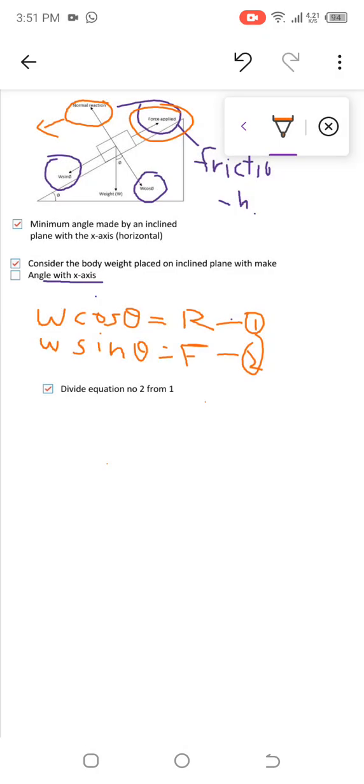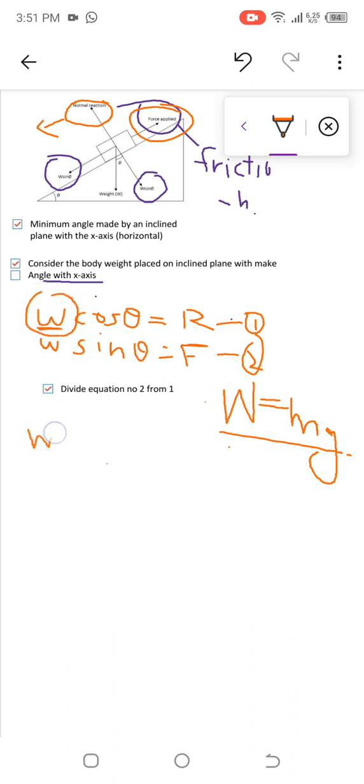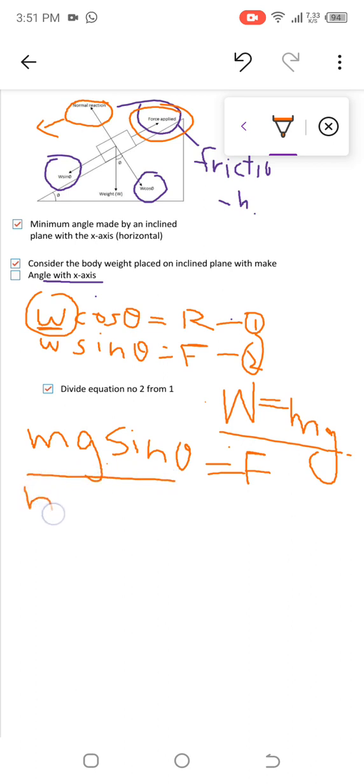Here W is equal to mg, so in place of W I can put the value mg. In the second equation we have mg sin theta, which is equal to the force, and then mg cos theta, which is equal to R, the normal reaction.